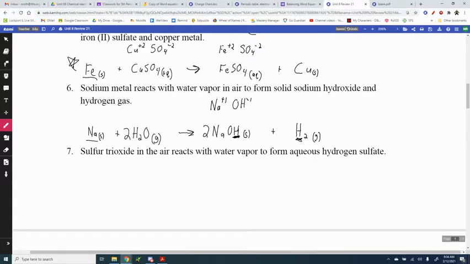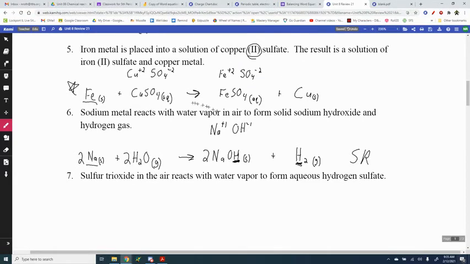Now we have 4 H's, and that also balances our O's. And now all that's left is to balance the Na's. So we can put a 2 there, and now our Na's are balanced. Now, this is a single replacement reaction because we'll talk about why those are later on. And also, I forgot to identify this number 5 up here. That is also a single replacement.